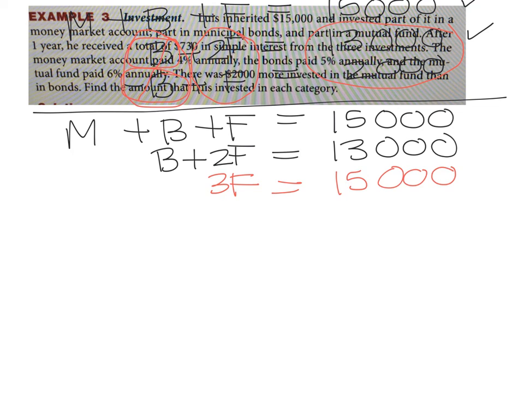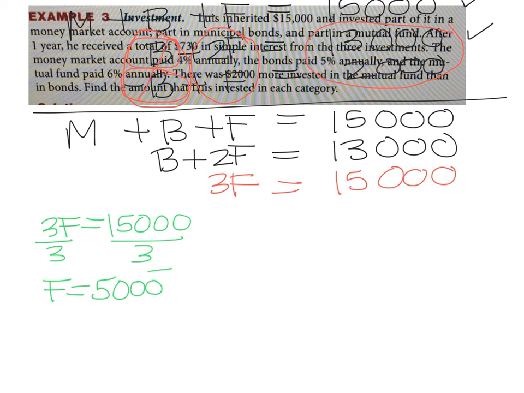So I'm now prepared to solve my system. I'm going to start with the third equation. 3F equals 15,000. Divide each side by 3, which means I invested $5,000 in mutual funds.